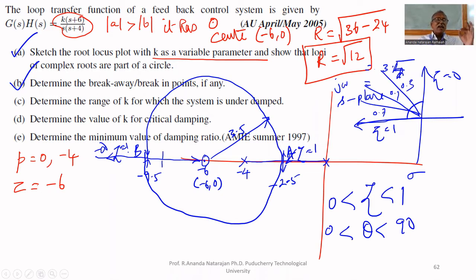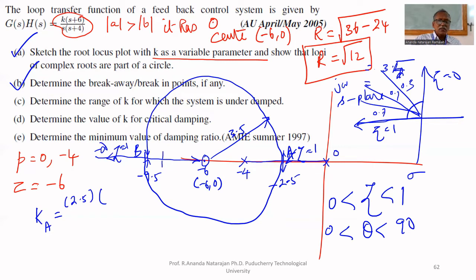Find the value of K at A. K suffix A equal to: from A, draw lines to all poles. From minus 2.5 to 0, what is the length? 2.5. Then what is the length from minus 2.5 to minus 4? 1.5.